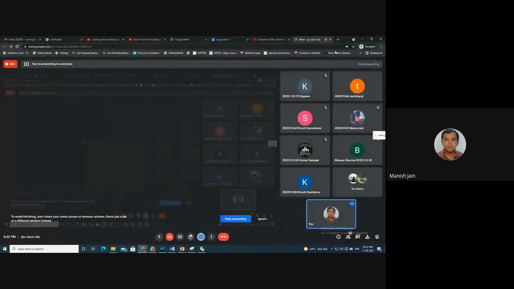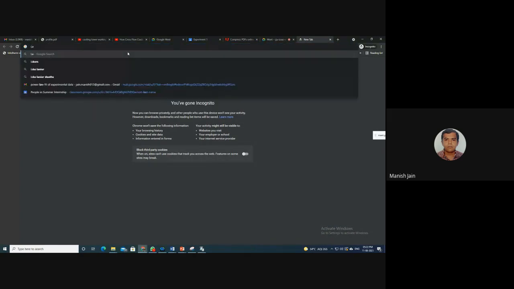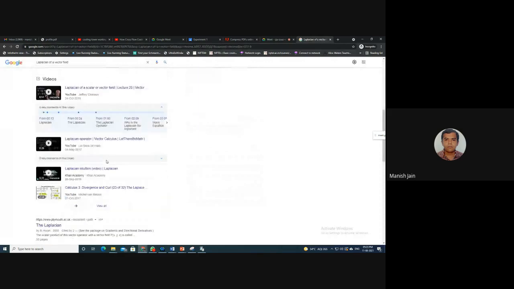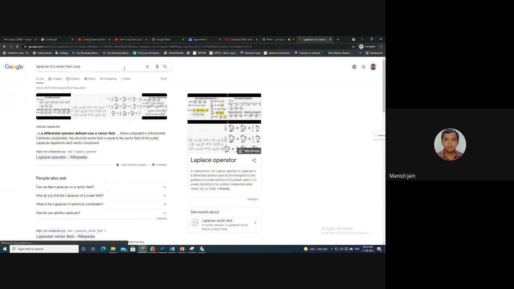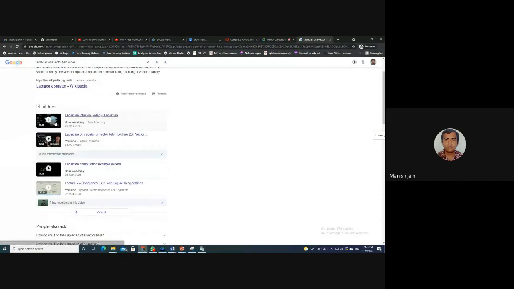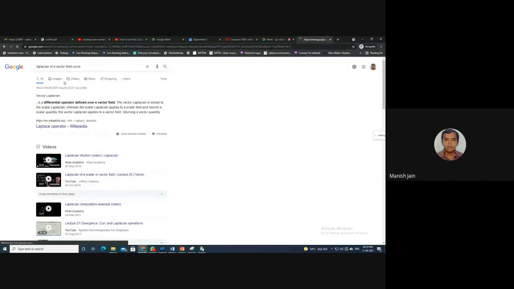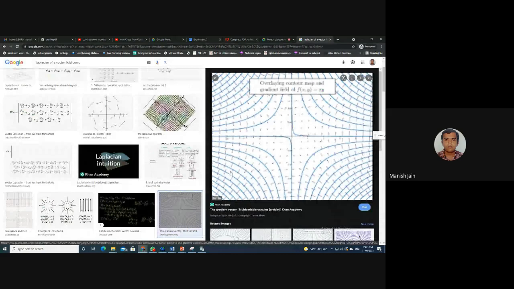Even if you search on the internet, just in Google you type Laplacian of a vector field, and if you find the curves, then you will find very specific curves for the Laplacian. These type of curves represent the Laplacian.